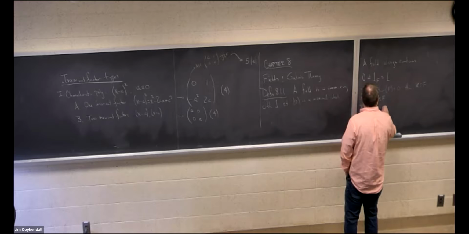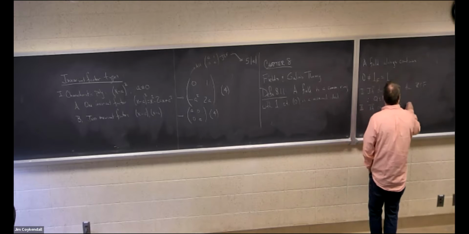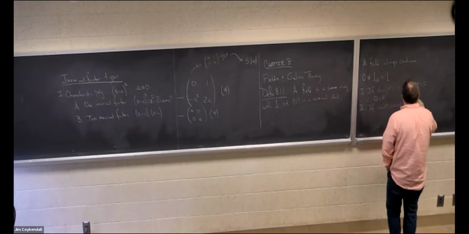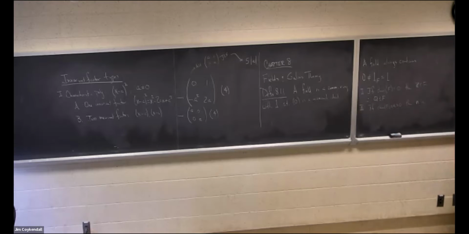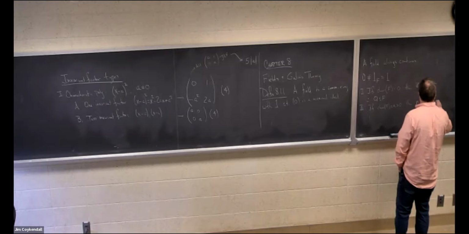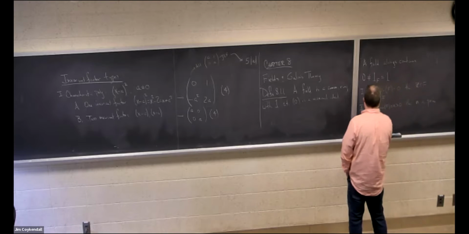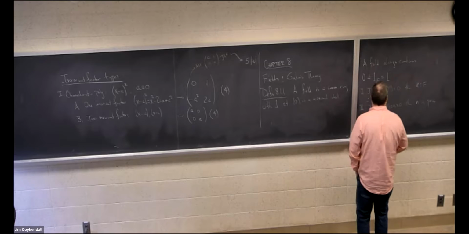Here, if the characteristic of F is equal to n bigger than 0, then n must be prime. And I'll write n equals p because I can't stand to write n for prime.